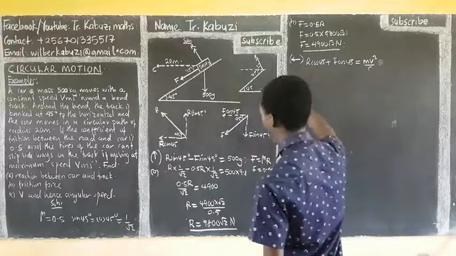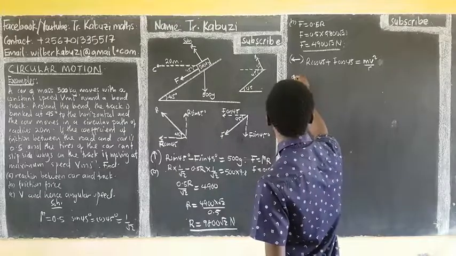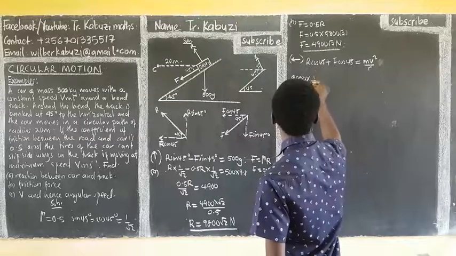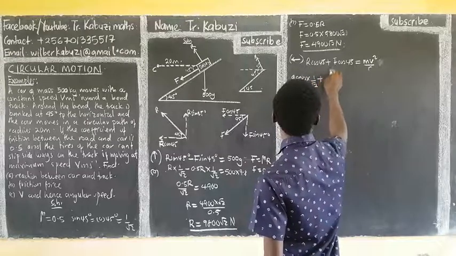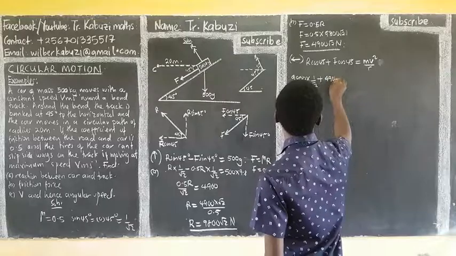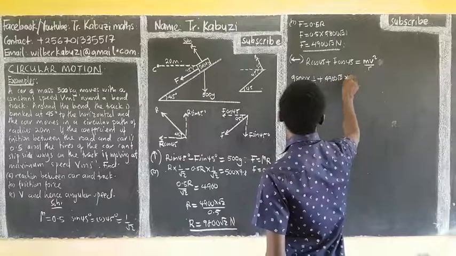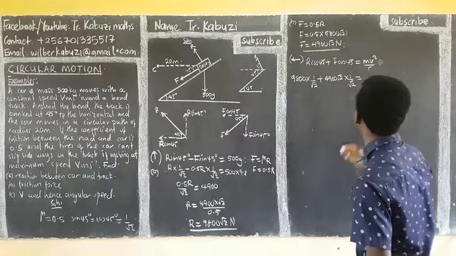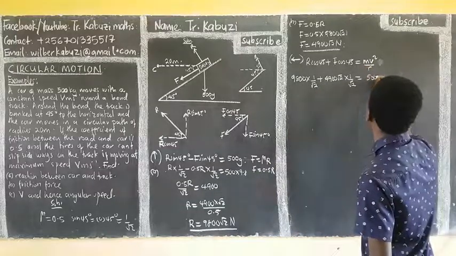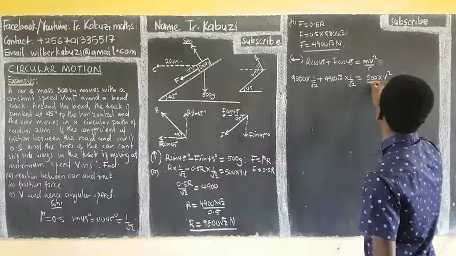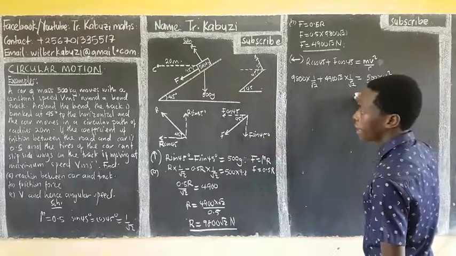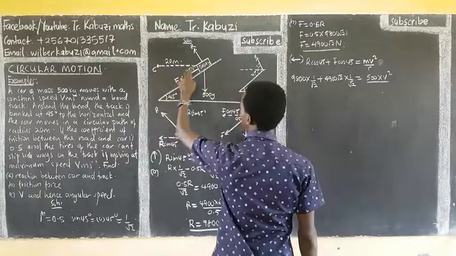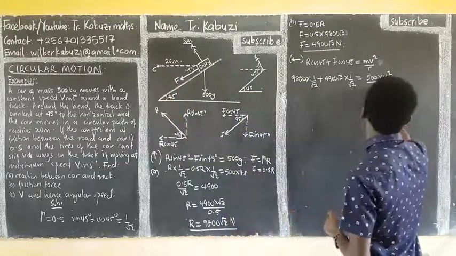So from here, our R is going to be 9800 root 2 times 1 over root 2, then plus F, 4900 root 2 times 1 over root 2, equaling the mass of the car, which is 500, times the V we want over the radius of the circular path it's making, from here up to here, which is 20.